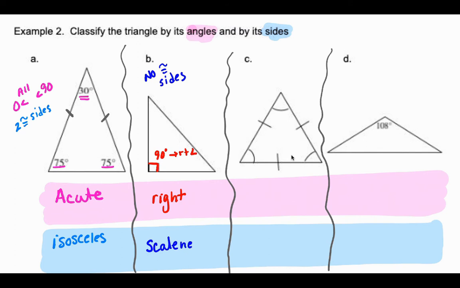In our next picture, we look at the angles, and you notice that every angle has the same little curved mark in it. That means that they are all congruent. So we have all angles congruent, which makes it equiangular.